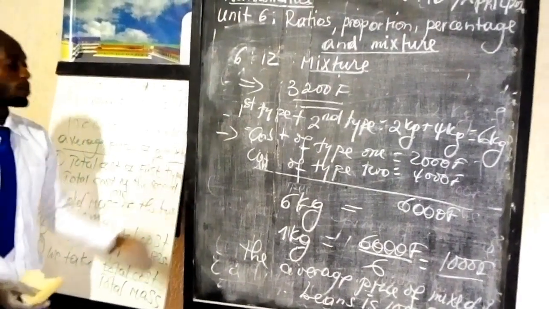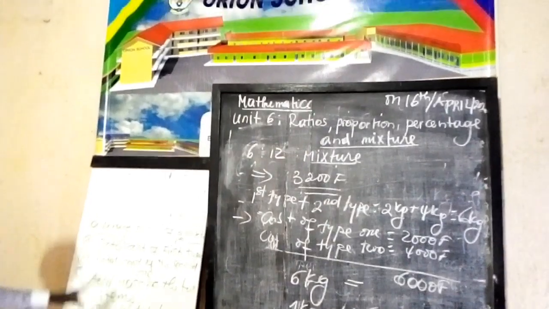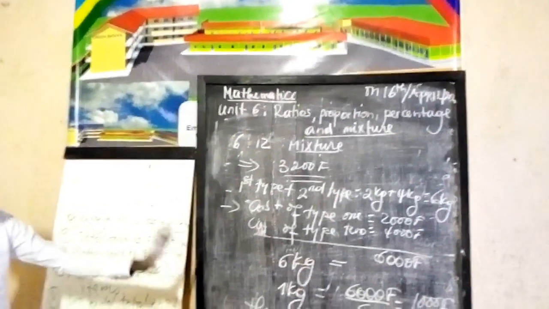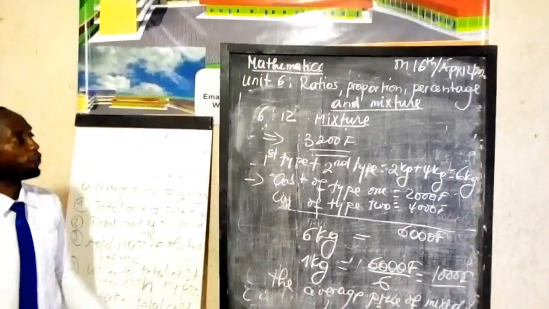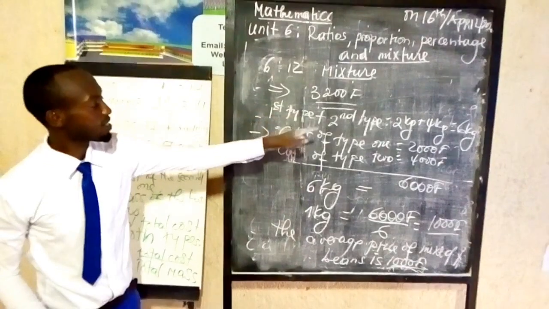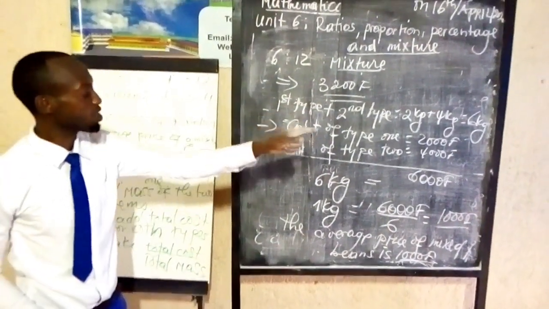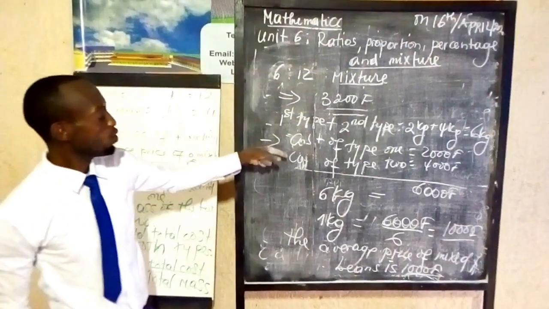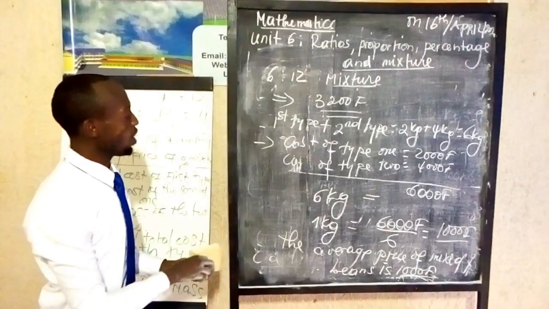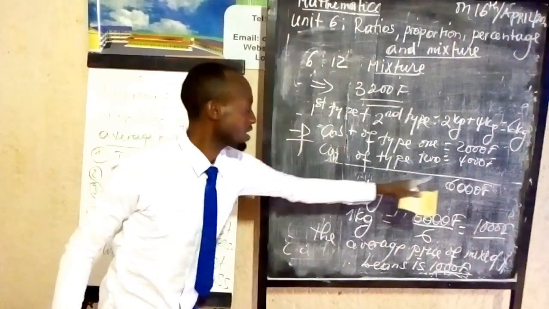How can you solve the problems related to finding the average price of a mixture? First of all, you have to respect this process that you have to pass through in order to look for the solution of the asked question. You see that the first type plus the second type gives the total mass of the mixture, which is equal to 6 kilograms. And then we take the total cost of type 1 and add the total cost of type 2, we get 6,000.